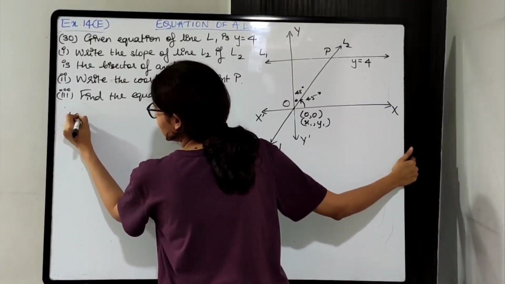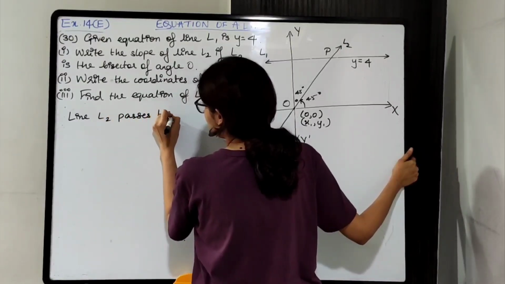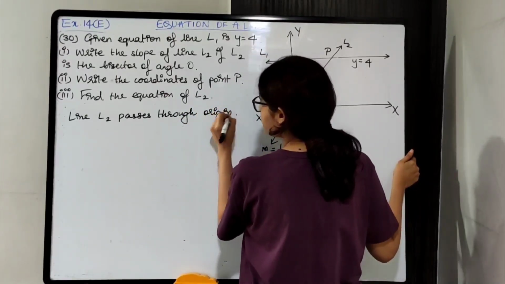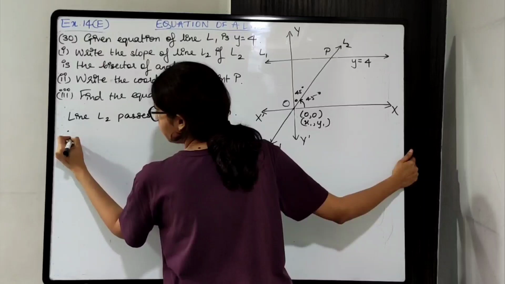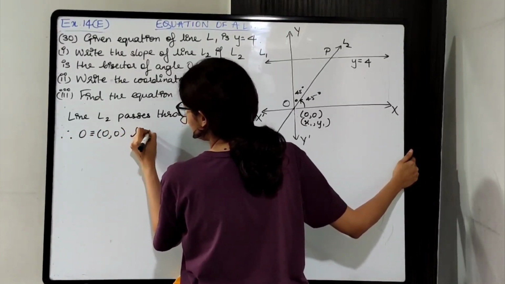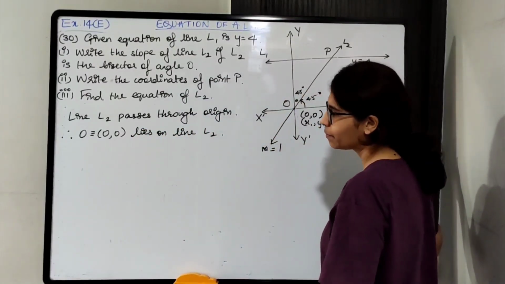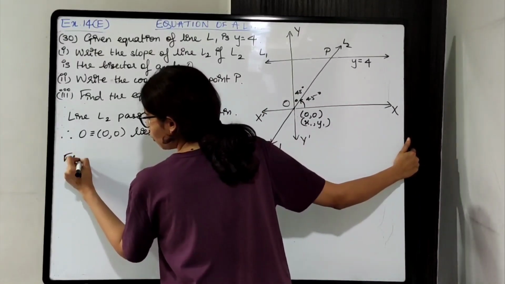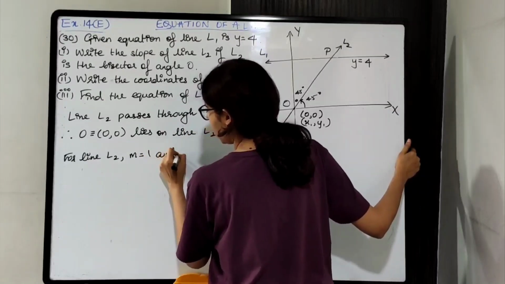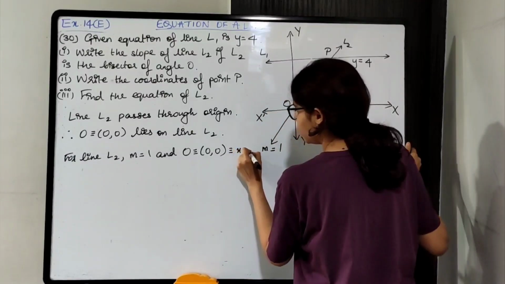So line L2 passes through origin. So therefore O 0, 0 lies on line L2. Okay, so write down for line L2 slope is 1 and O 0, 0 we'll take as x1, y1.